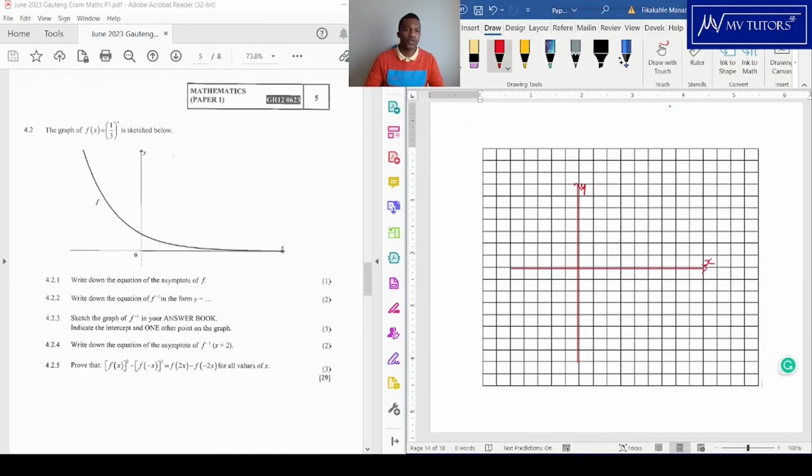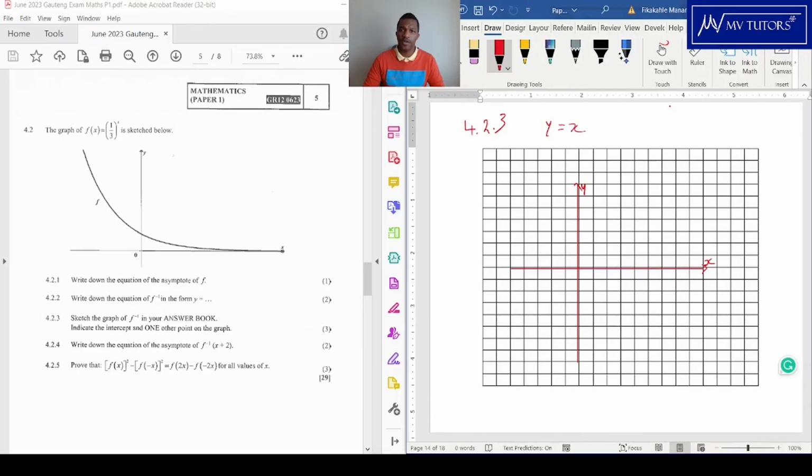Let's go to 4.2.3 now, and it says sketch the graph of the inverse. Indicate the intercept and one other point on the graph. The inverse is like putting a mirror on the y is equal to x graph.